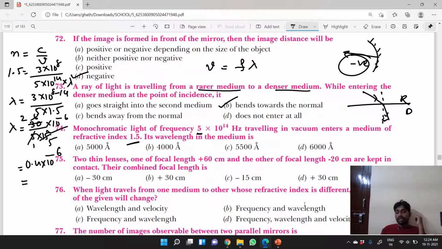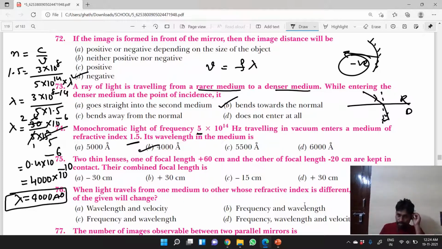You will write in standard form. You will multiply with 10 power minus 4 and plus 4. It will become 4,000 into 10 power minus 10. That is 4,000 angstroms. Wavelength. So this is the answer to this question.